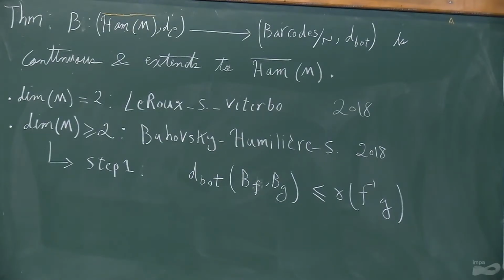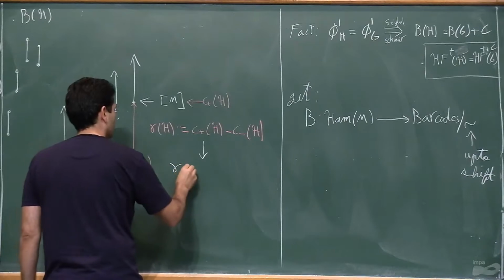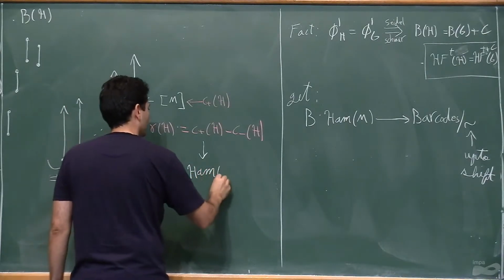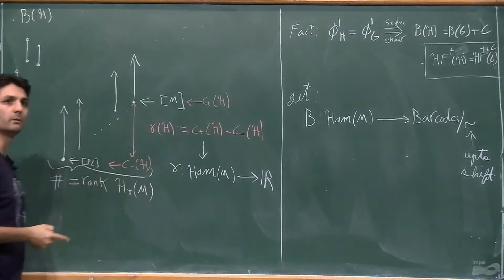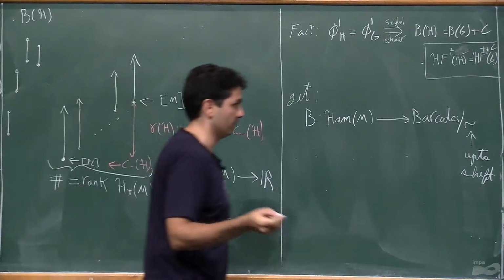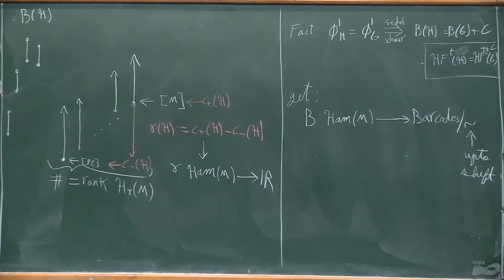See, gamma is defined for the Hamiltonian, but as I said, the barcode up to shift doesn't depend on the Hamiltonian. So since this is a difference of 2 spectral values, actually this gamma descends to Ham. This is the so-called Viterbo distance or the spectral distance or the gamma distance. So you could show that you have this inequality. This is due to Kislev and Shelukhin.